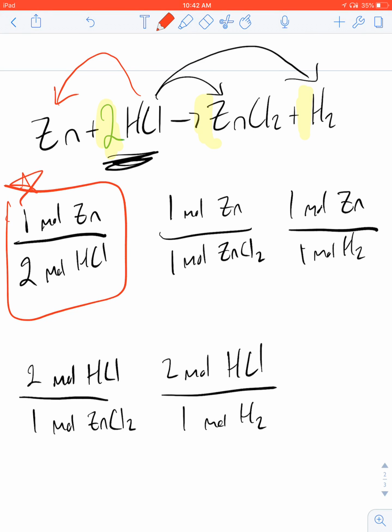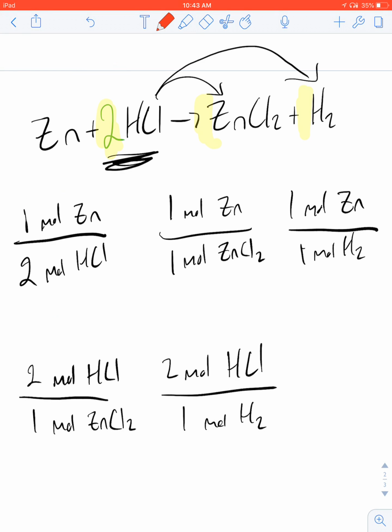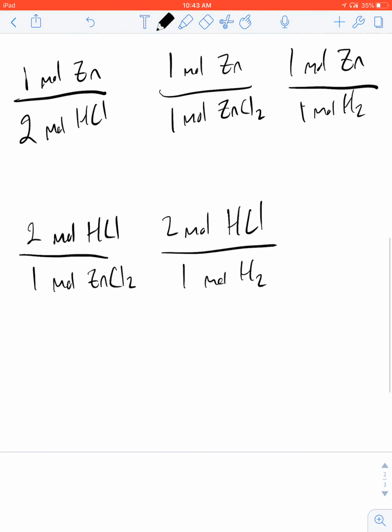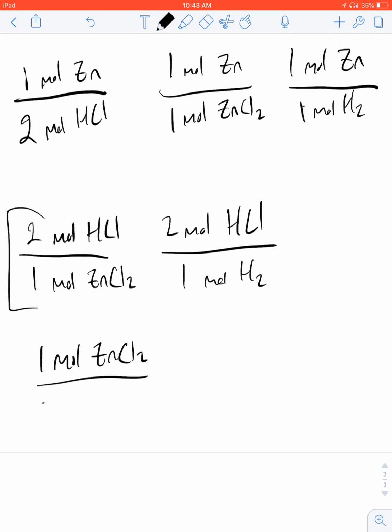All right, so again, we only work from left to right, and that way we only get the mole ratios that we need, and we don't repeat any information. It's important to remember, though, that these mole ratios can also be written in the reverse form. For example, right here, 2 moles of HCl for every 1 mole of zinc chloride. I can also flip that and say 1 mole of zinc chloride for every 2 moles of HCl.